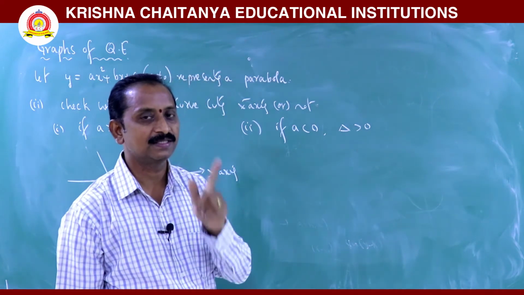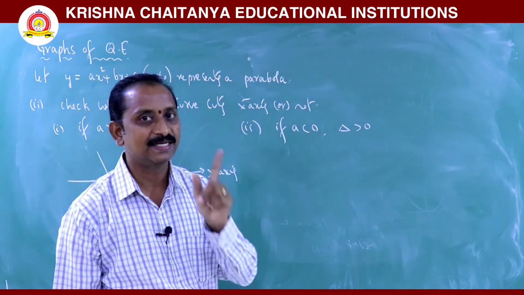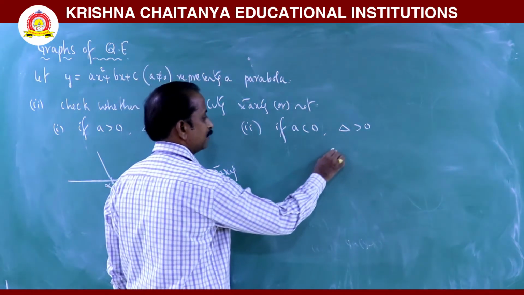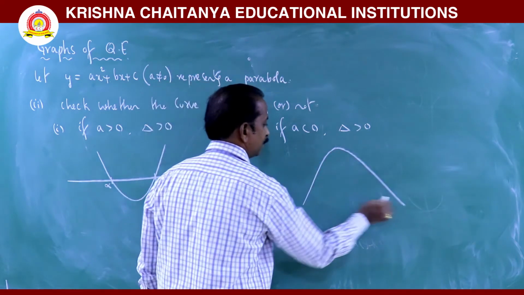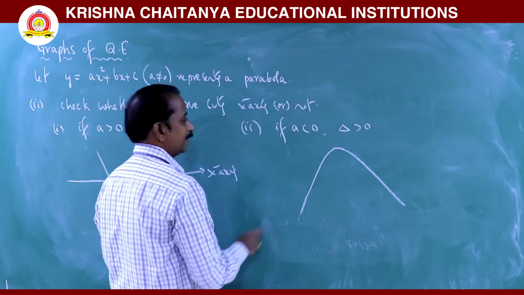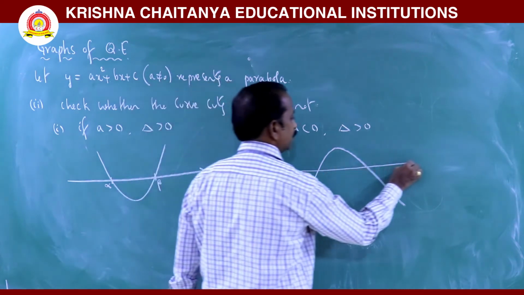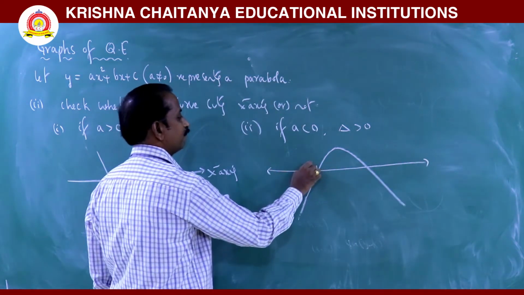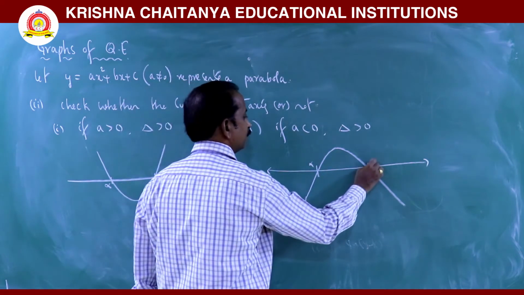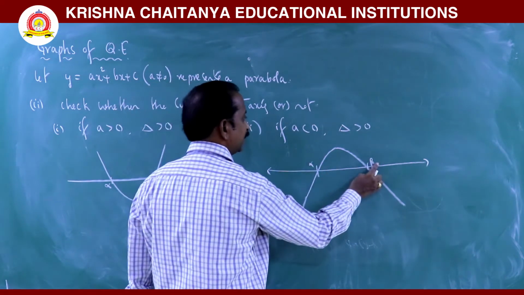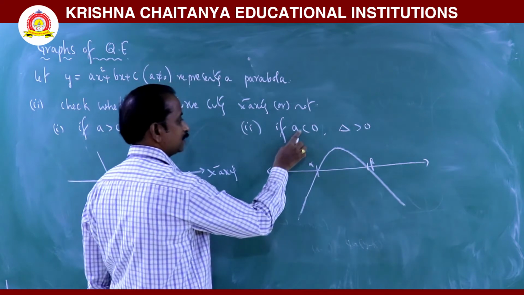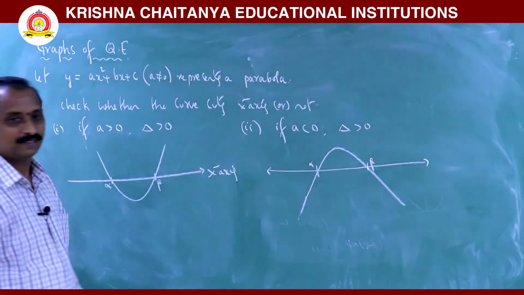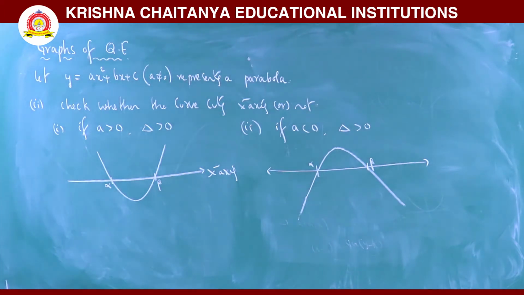Real roots means the curve mandatorily cuts the x-axis. The shape of the curve is like this, open downwards, and it cuts the x-axis. This is the x-axis, and these are the different roots alpha and beta. If they are different, delta greater than 0 and a less than 0, open downwards.